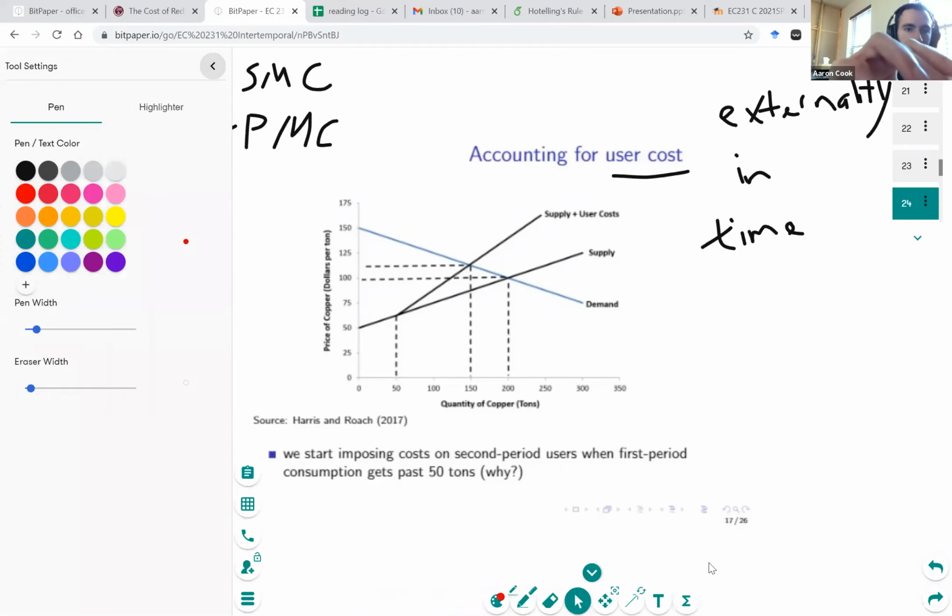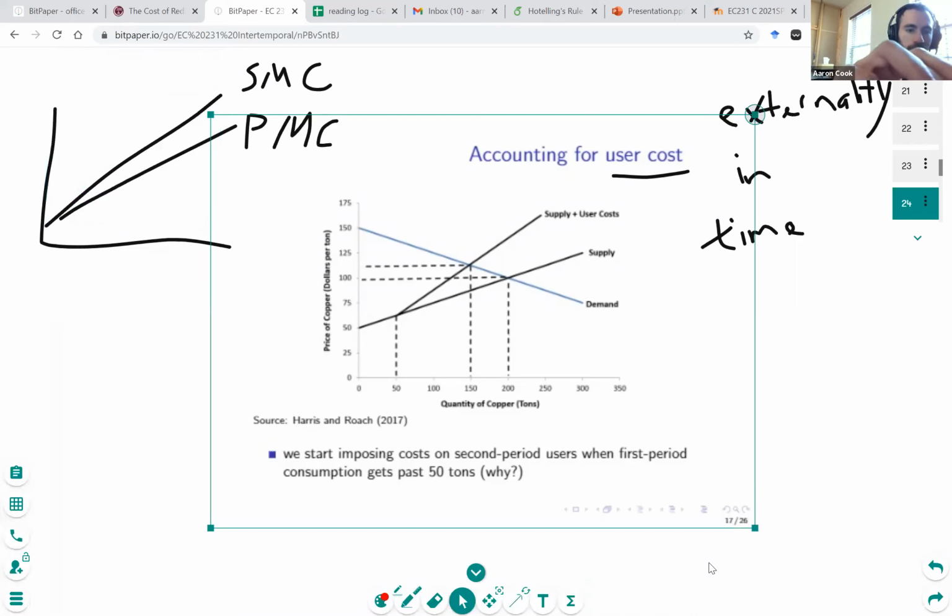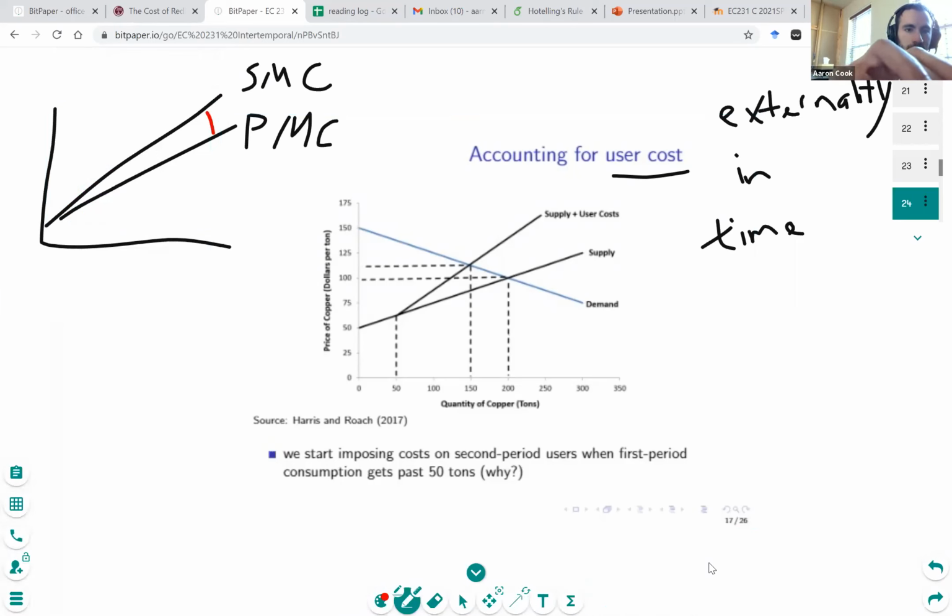There was some way in which we augmented the private marginal cost. We added external costs to get the social marginal cost. We can actually do that in the same way, remembering that user costs are just an externality in time, just the way that pollution externalities are. We can augment the supply curve in a sense to account for that user cost externality.